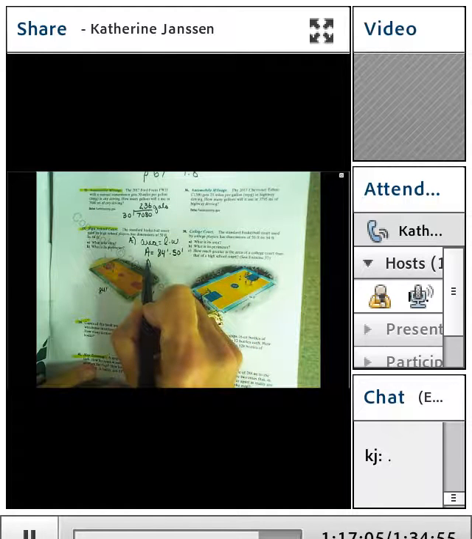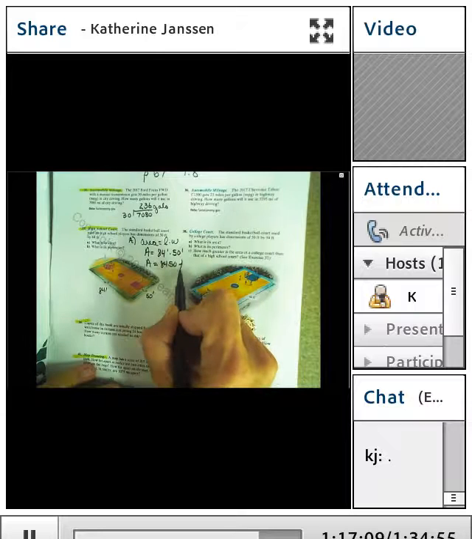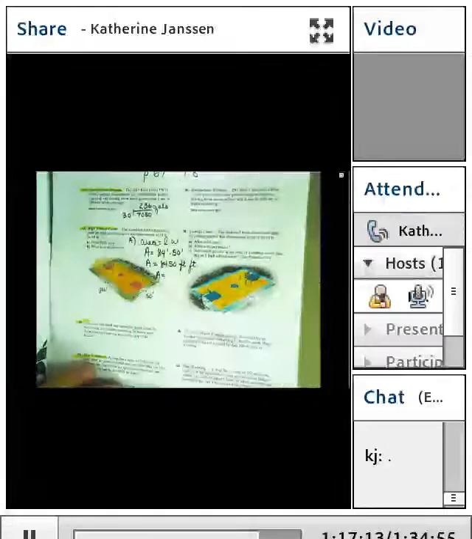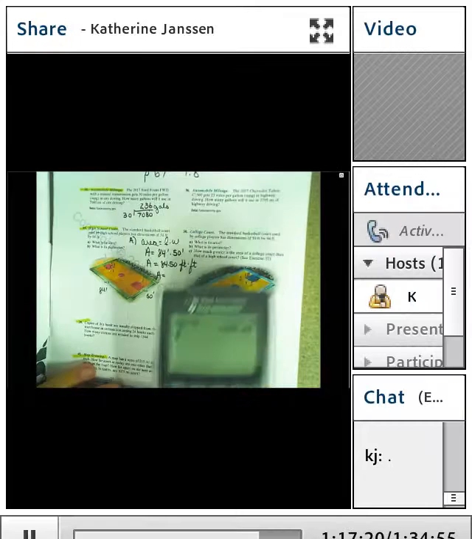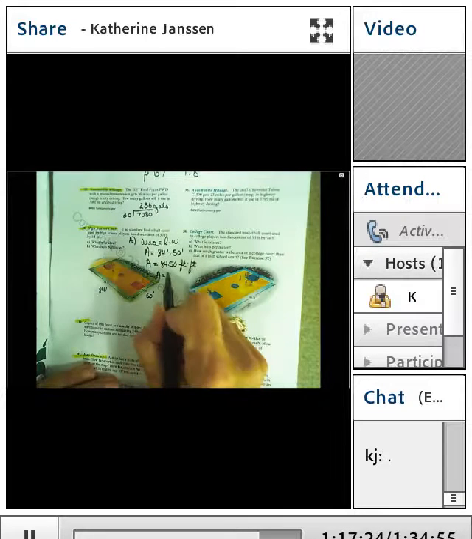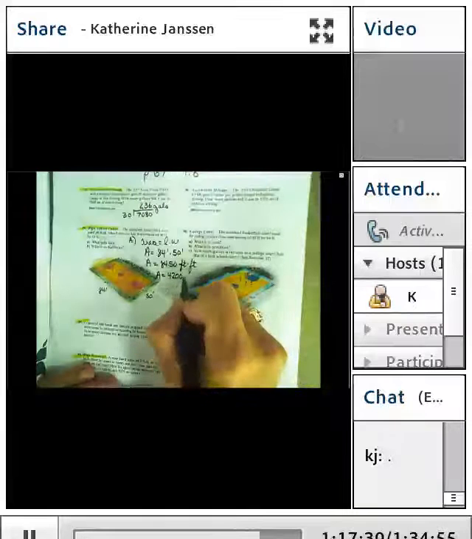The area is equal to 84 times 50 times feet times feet. 84 times 50 is 4,200. And we have to label. Remember that we are multiplying, so it's feet times feet, which is square feet.